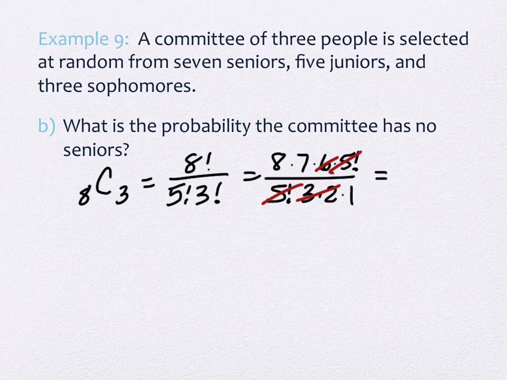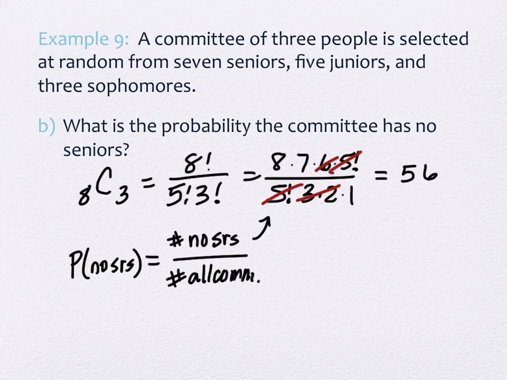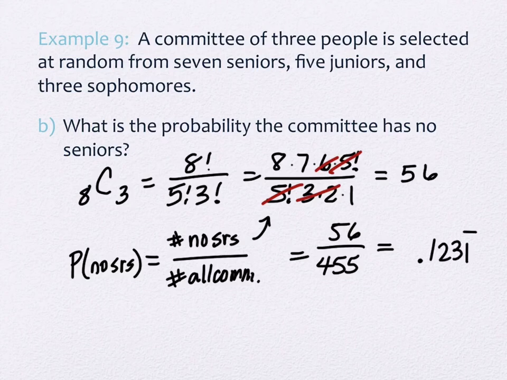What's 8 times 7? 56. And then I already calculated the number of, so this is the probability of no seniors. So the number of committees with no seniors, which is what I got from up here, and then I have the number of all committees. That's what I got on the part A before. So I have 56 over the 455. It's not a lot larger, but it's slightly larger. And it's 0.1231 for a probability.